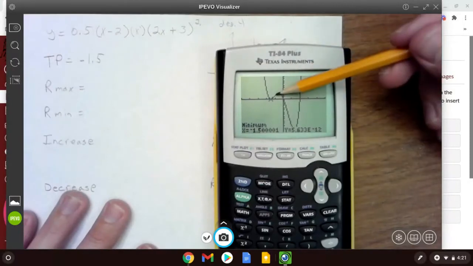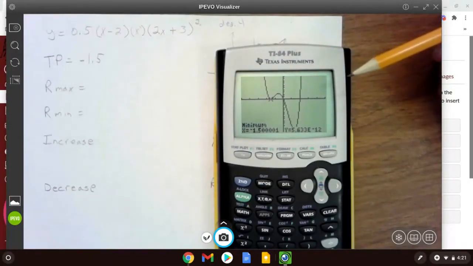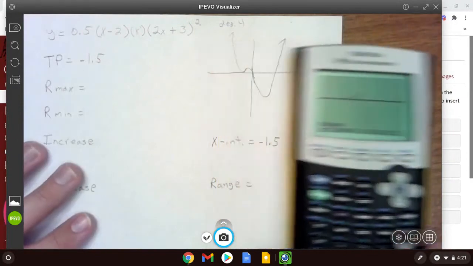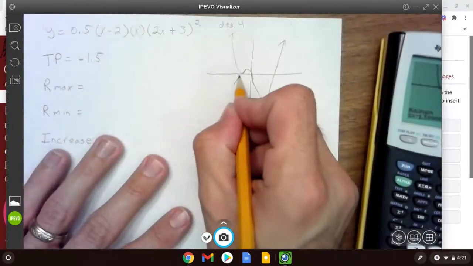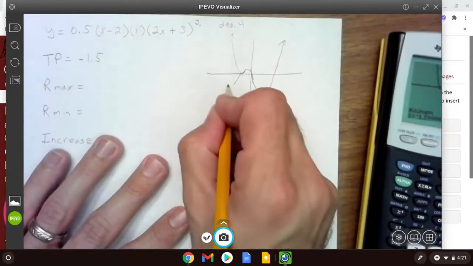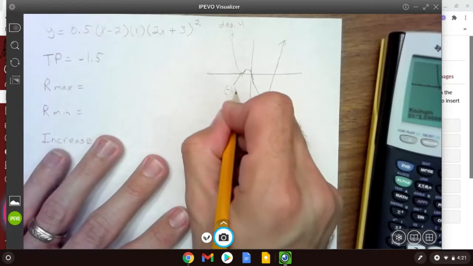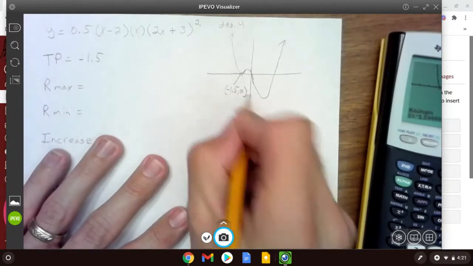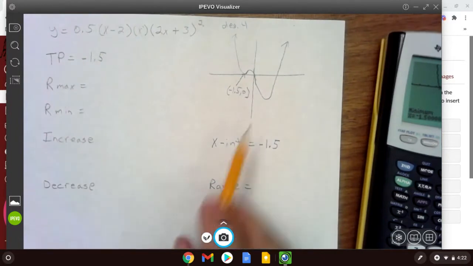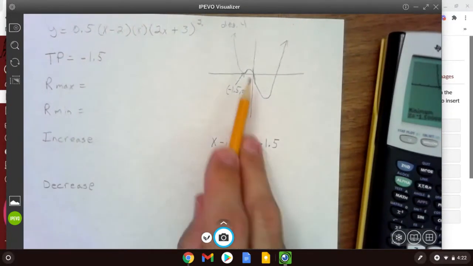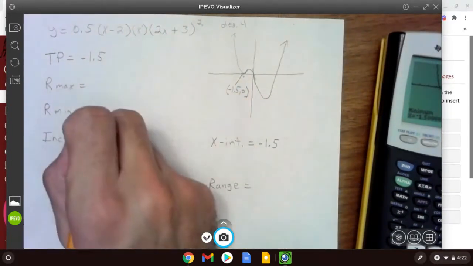It just so happens that it happens at a critical point, a turning point, and that's also going to be a relative minimum at that spot.